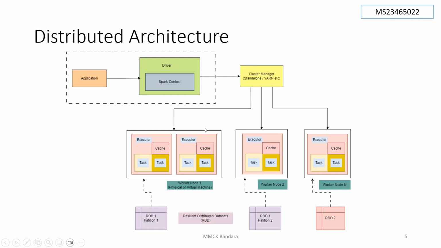Then behind that, we have worker nodes. Worker nodes are basically physical or virtual machines which have some computing capacity or CPU capacity, and also memory and disk capacity attached to them. Within that we have executors. Executors are the basic unit of computing which carries out the actual task.